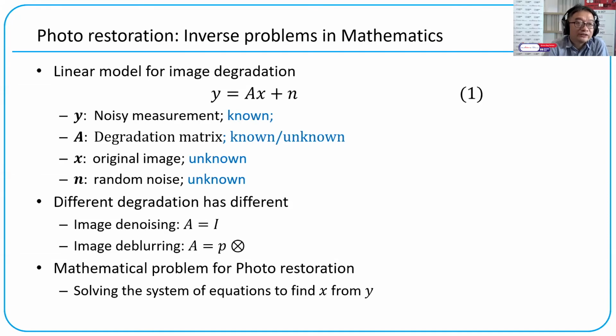So 1 million equations and 9 million unknowns means it's heavily underdetermined, and you have to guess from many possible solutions. That's the hard part about so-called inverse problems, which is what the photo restoration problem is.